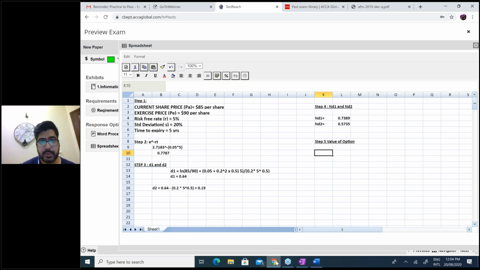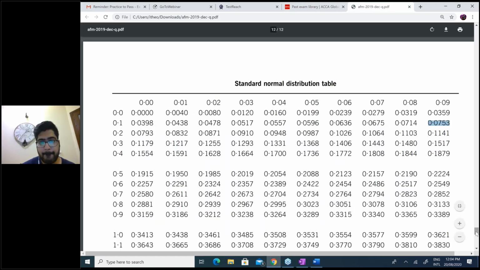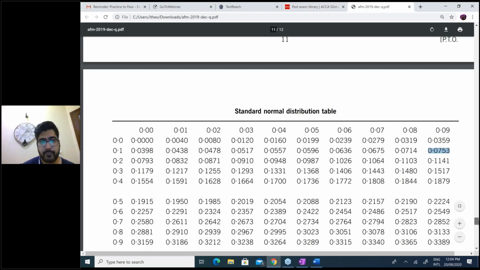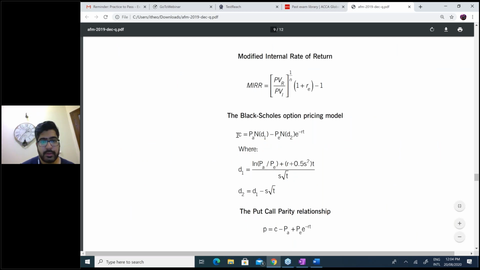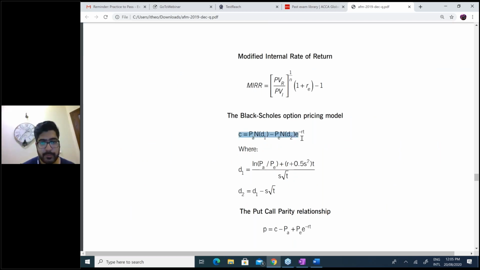So the value of the option, how do we get that? The formula would be given in the exam again. See, the call option value formula is this one.